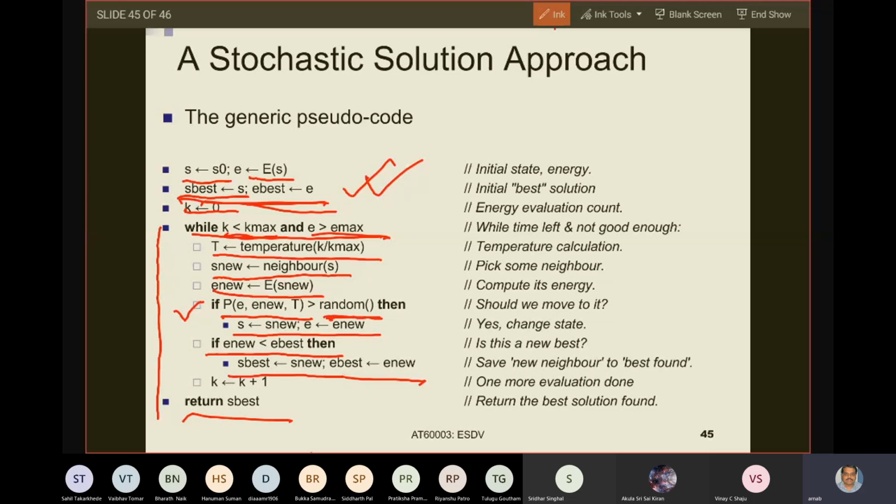However, in many cases when the structure of the problem is not exactly known, you use a stochastic solution approach like this to get good, acceptable solutions within a reasonable amount of time.